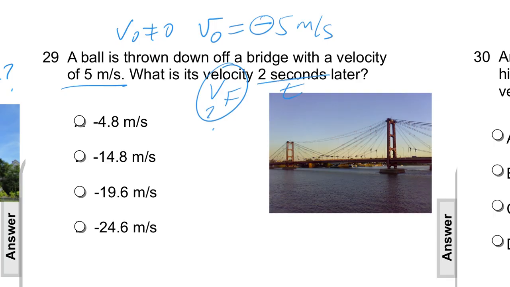So that's the time. So again, A equals VF. You might say, I can't do this. Well, you can if you know that A is 10 meters per second squared if we're talking about Earth.